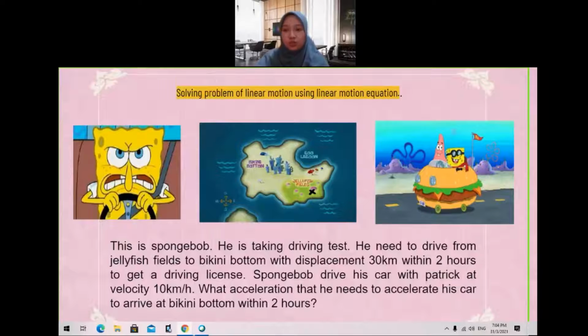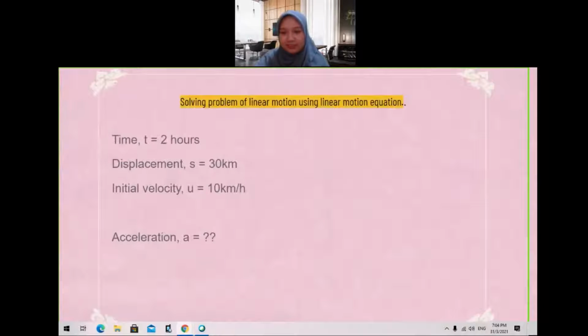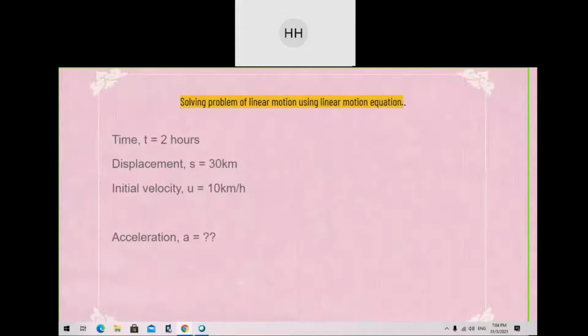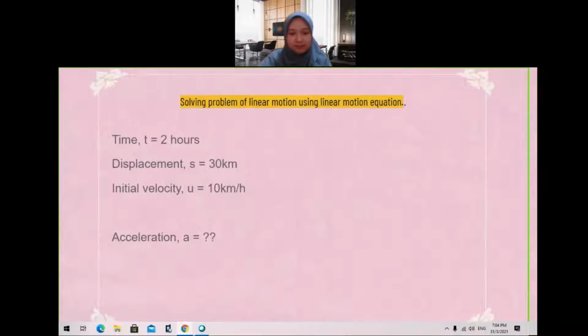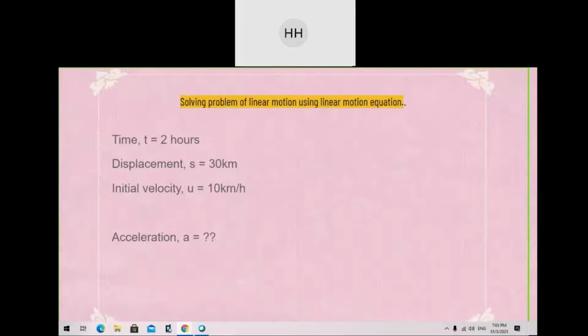Okay, so we can see that time we have 2 hours, displacement we have 30 kilometer, and initial velocity we have 10 kilometer per hour. And what we need is the acceleration. We have T, we have S, and also we have U. We need A. We don't have V to use V squared equals U squared plus 2AS.